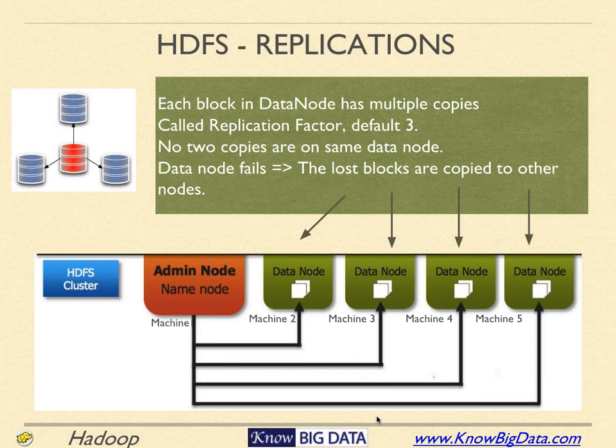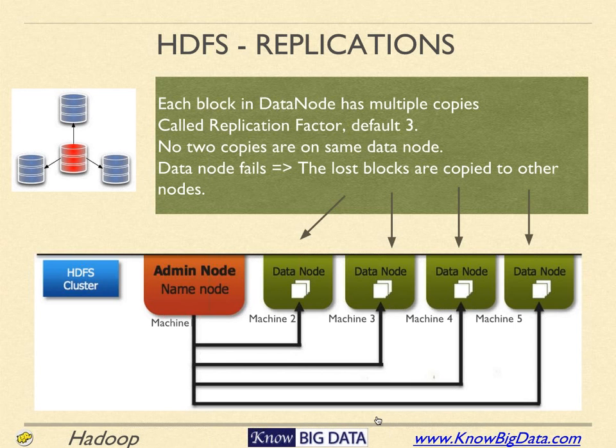Now each of these blocks has multiple copies. It's like a backup. Each block is copied by default to two more nodes, meaning a total of three copies. In case one data node containing blocks fails, all the blocks will get copied again to another node. Because the moment one data node goes down, only one copy of the block has gone down.